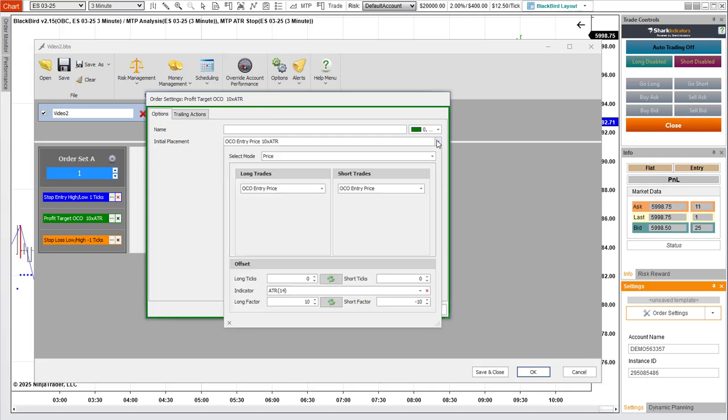For this, I simply use the ATR. I've used price, an indicator of the ATR, and I've set it to a factor of 10. It doesn't really matter what this comes out at. You can do it at 8, 9, whatever it is. It's just a little bit away, or a long way away, from the entry price. I've set that to be the OCO entry price, or the average entry price.